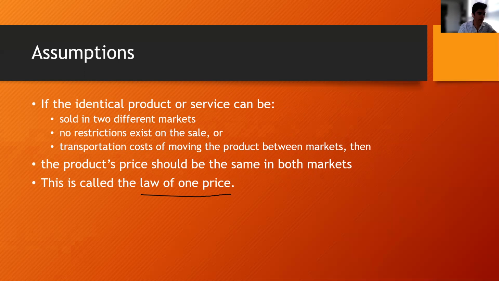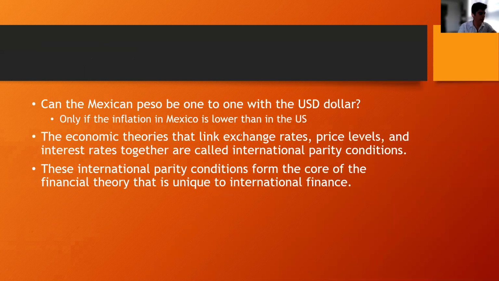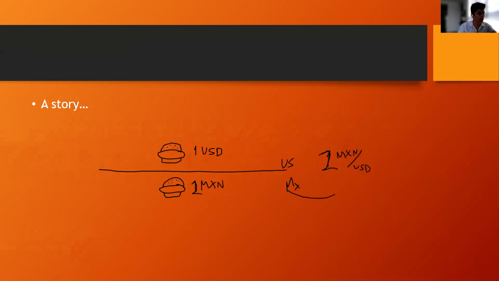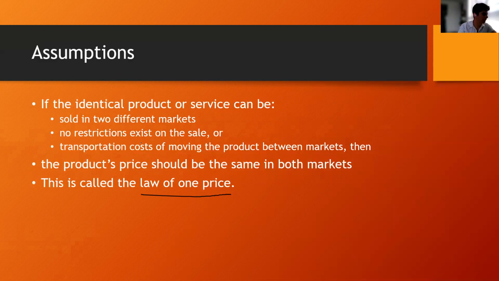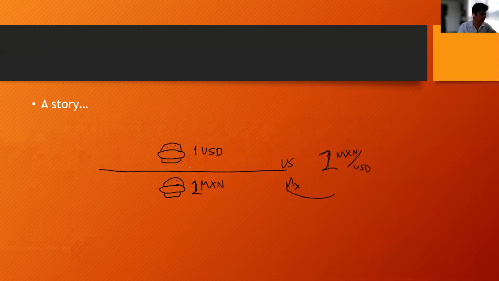Second, there are no restrictions on the sale. That means that I can cross between the two countries and I can buy it in the US or Mexico. It doesn't affect me. There are no taxes. There is no restriction on movement. And finally, there are no transportation costs. There is no transportation cost from moving to one side to the other, and no transportation cost attached to the burger.